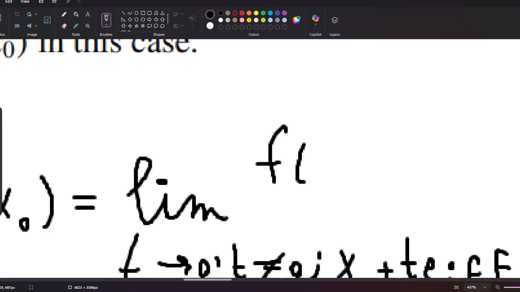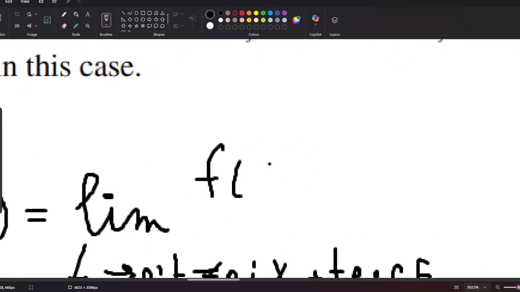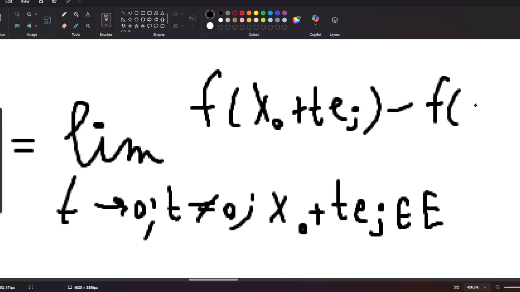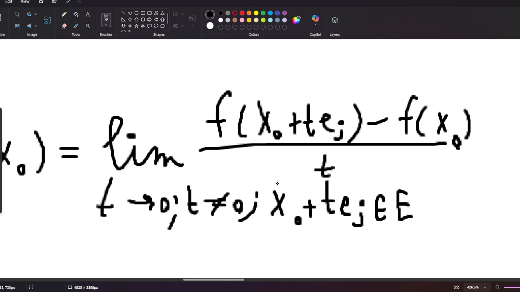And now we'll just apply the expression as typical for this: f of x0 plus t times ej minus f of x0 over t.